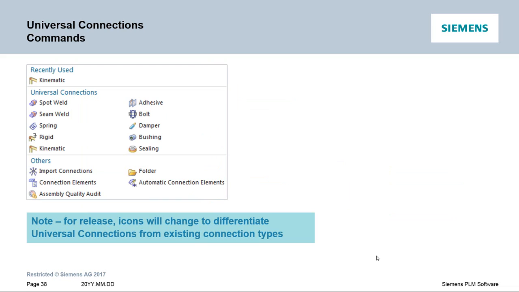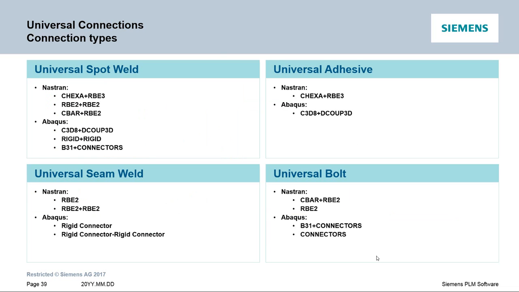So this is sort of like a solver non-immersive environment where you can define generic connections such as spot weld, adhesive, rigid, and the universal connections will then interpret that connection into the specific environment that you'd like to write it out in.